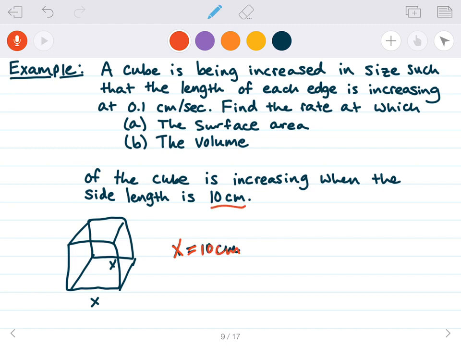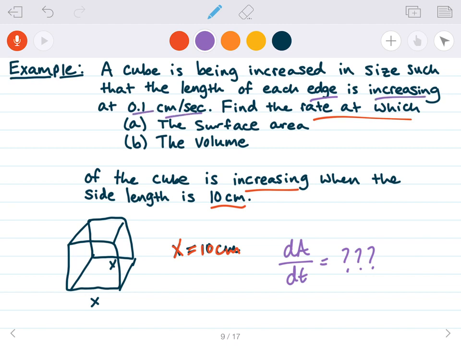What are we looking for? We're looking at the rate at which the cube is increasing. First, we're looking for the surface area. So I'm looking for the change in surface area with respect to time first. And I'm told that each edge, each side, is increasing at 0.1 centimeters per second.